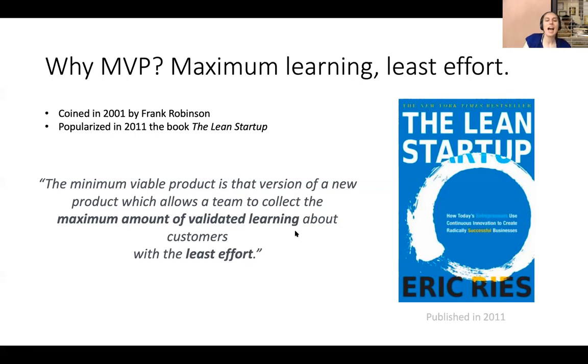The author Eric Ries defines the minimum viable product as a version of the product or service or website. It doesn't have to be a product, anything you're making, which allows a team to collect the maximum amount of validated learning about customers, or just learning about people, with the least effort. It really is maximum learning, least effort.